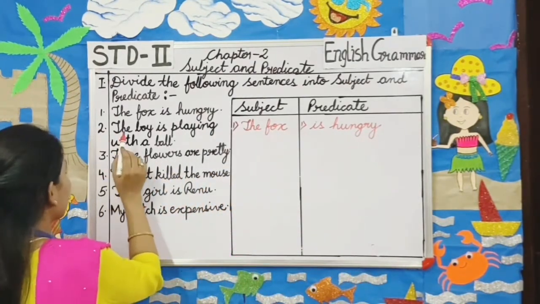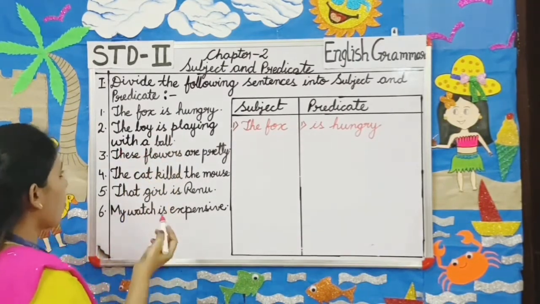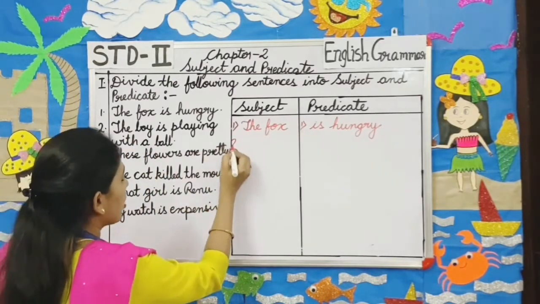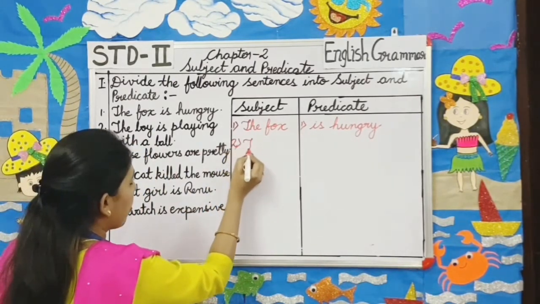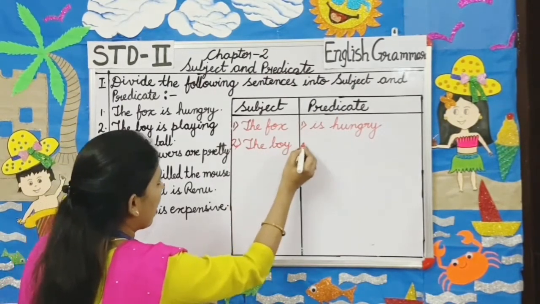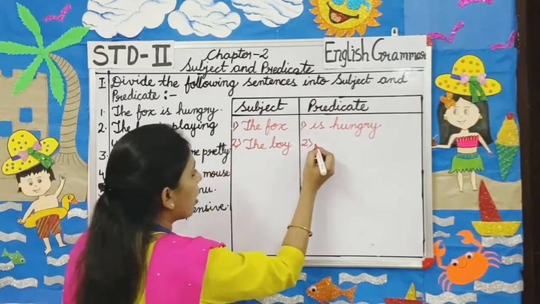Number 2. The boy is playing with a ball. What is the subject over here? Yes, the boy. So you will write down the boy in the subject column. And in the predicate column, is playing with a ball.